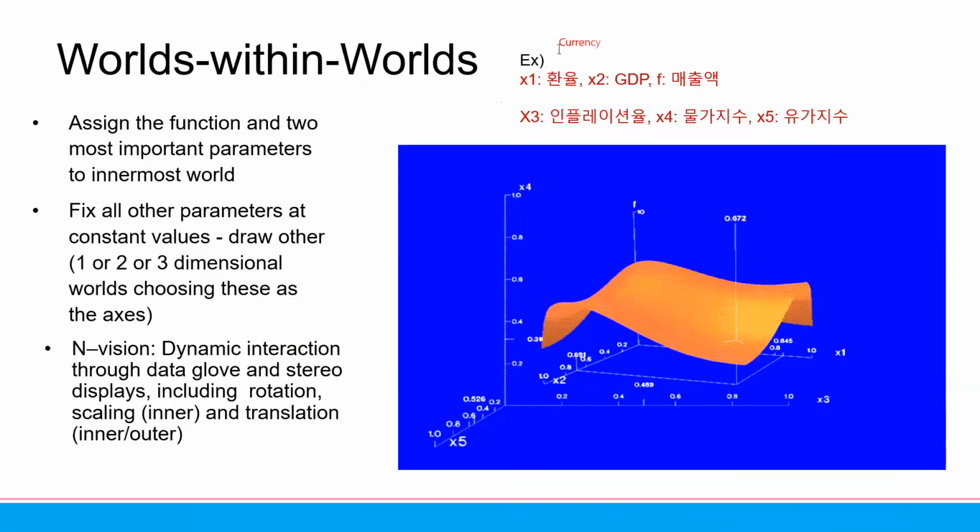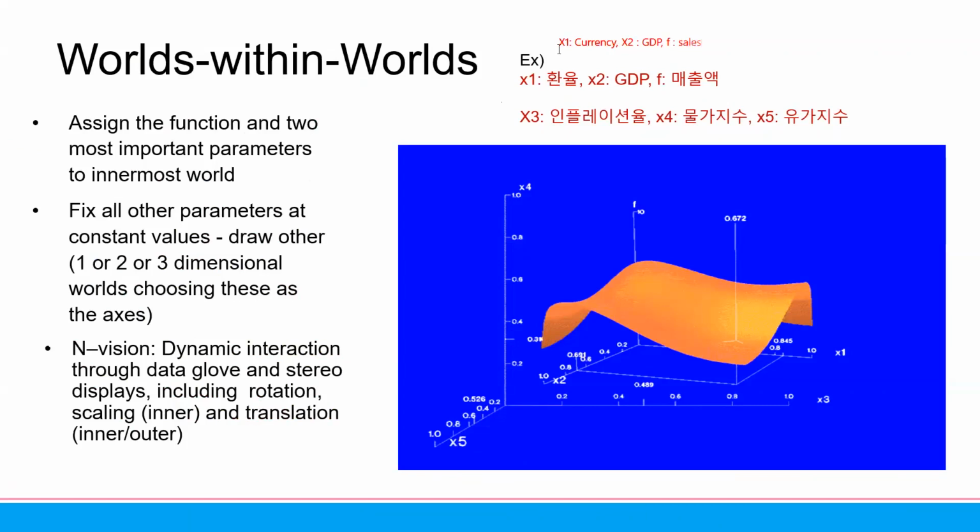And then x2 is GDP. And then F is the function I want to see about the sales.